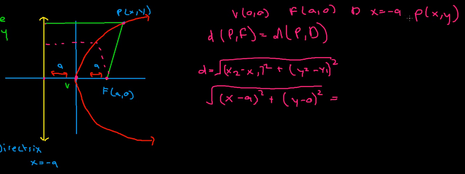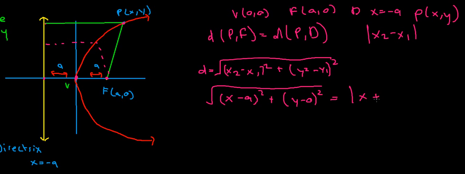Now the directrix is just a line, and it has a value of minus a no matter what the y value, so I don't really need to use the distance formula. I can just do it the good old-fashioned way by doing x2 minus x1, the absolute value of that. So this is equal to the absolute value of the point x minus the value of the directrix, which is always going to be minus a.